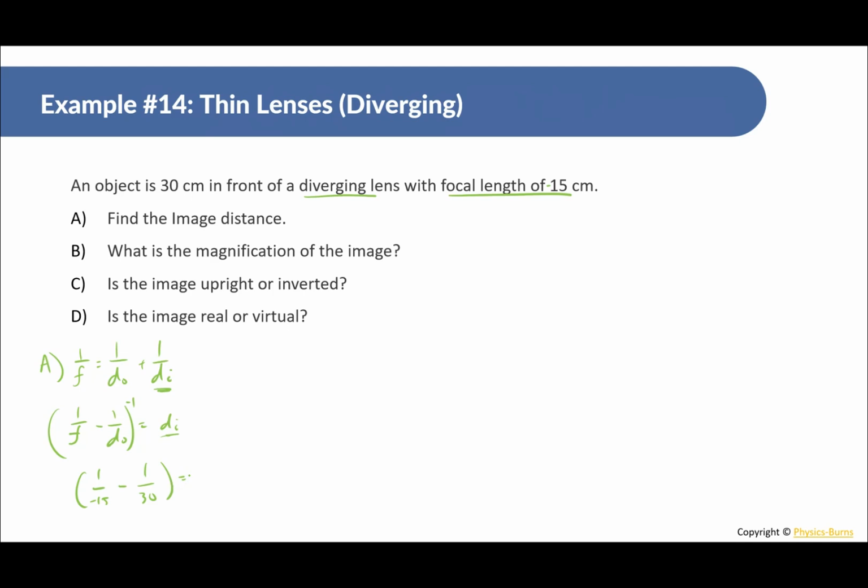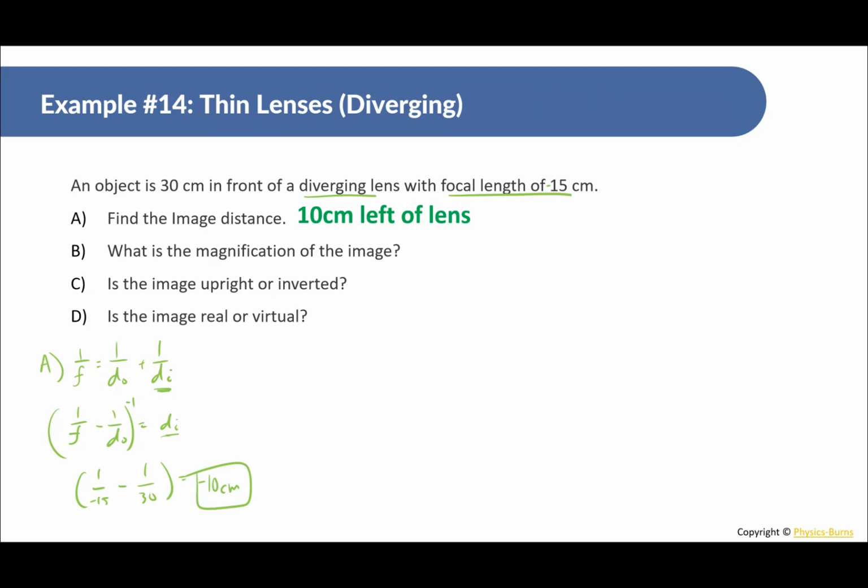And then let's see what that equals. Okay, 1 divided by negative 15 minus 1 divided by 30, and inverse. So we got negative 10 centimeters. Okay. So this negative 10 tells me that it is on the same side as the object.